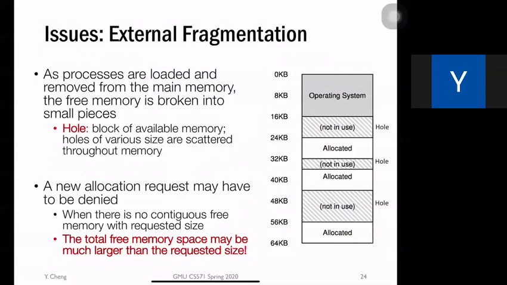Those free spaces that are not used are called memory holes. Those memory holes are essentially blocks of freely available memory that could be used to accommodate small memory requests.